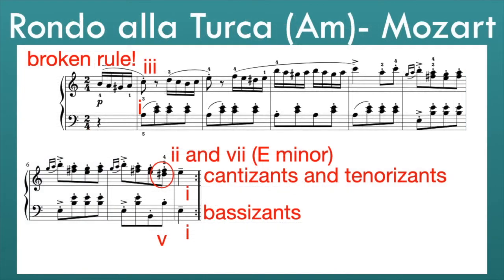And then we have a case of Mozart in the Rondo Alla Turca, where he's actually breaking the rules. He is not starting on the first, third, or fifth degree of the key. He's beginning on the seventh degree.